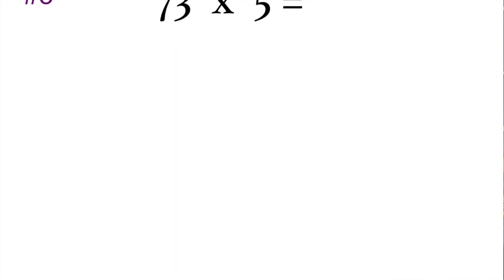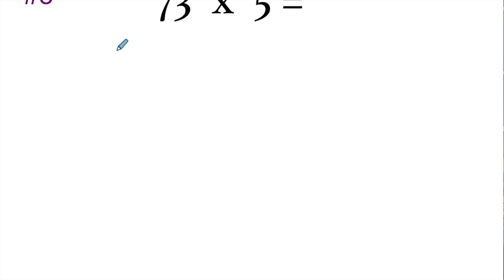We're going to work on using the distributive property with 73 times 5. So let's start by doing 73. Because we're going to need to distribute the 5 out, we can't start with this big confusing number of 73. To make it easier, we need to do it in expanded form.